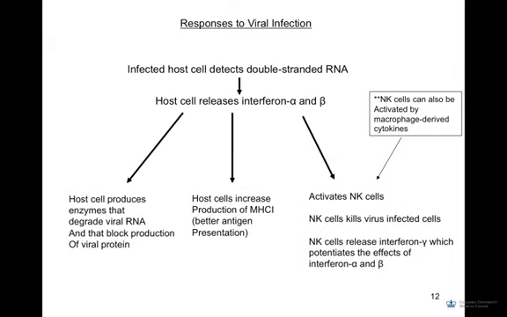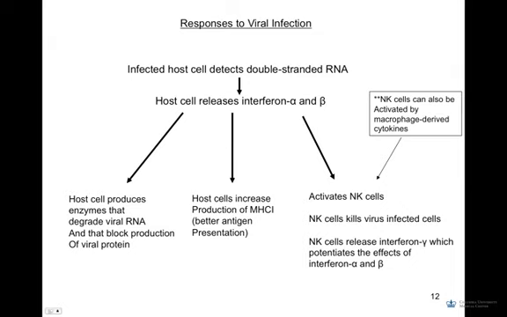And there's no normal occasion for our host cells to produce double-stranded RNA. However, many viruses either enter the cell in the form of double-stranded RNA, or part of the replication cycle almost always involves double-stranded RNA. So double-stranded RNA is a very, very strong cue of viral infection for our host cells.